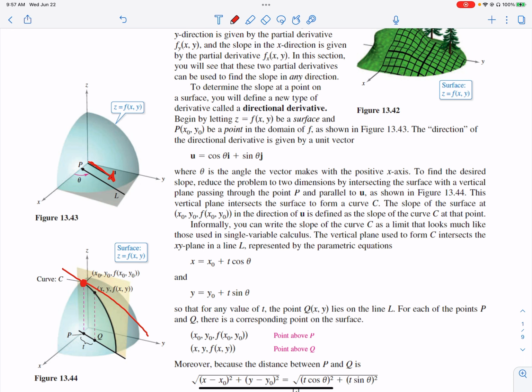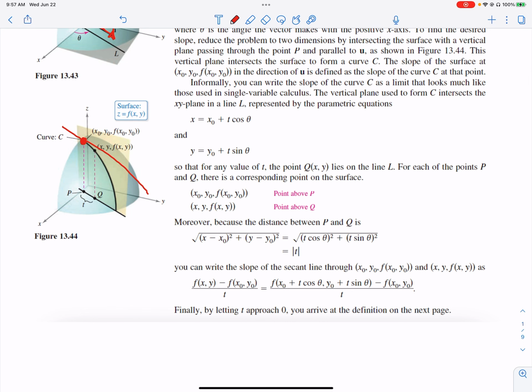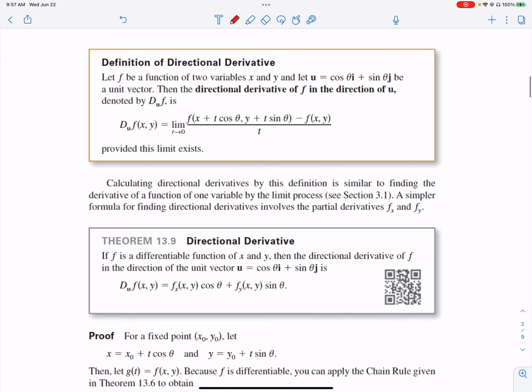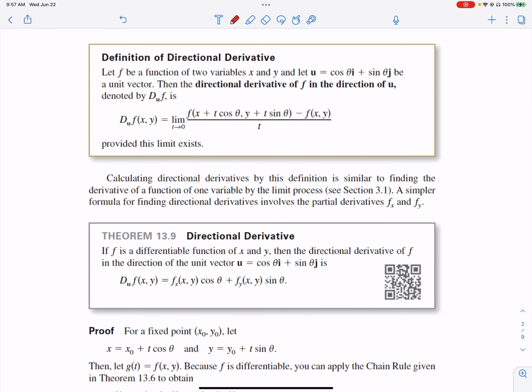They use the distance formula, and then they use the difference quotient to finally get to this definition. So this is the actual formal definition. We aren't going to do anything with that, but look at it. That's what we would have gotten if we had taken the time to run through the theory of how they get to that. This is where it comes from. But we're going to use this definition of the directional derivative.